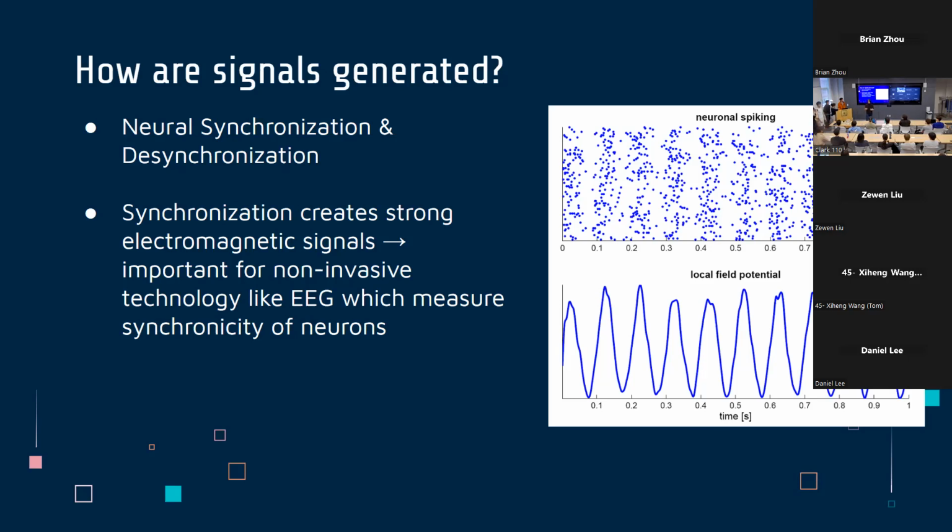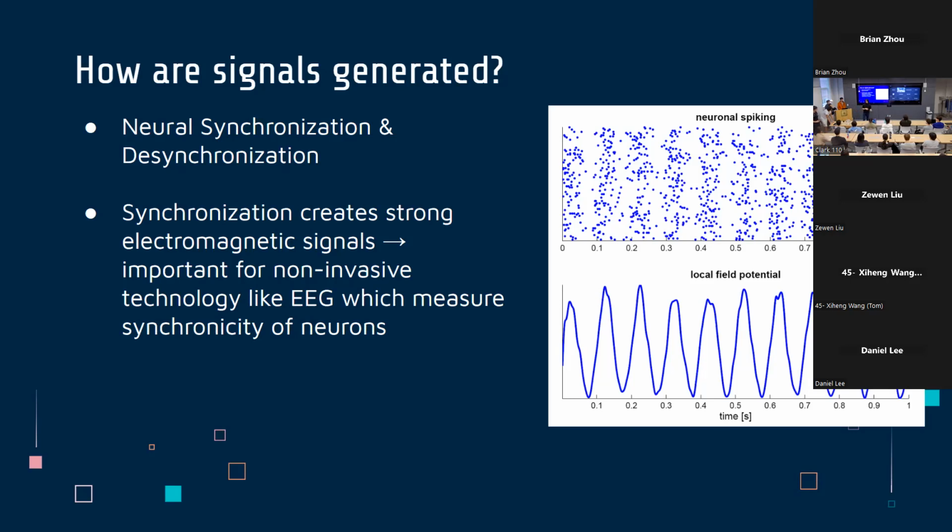When the neurons are synchronized, with a couple of them all causing that same local field potential change, then in that region they're going to have a more pronounced change in the electrical potential. So those signals can be more pronounced and easier to be picked up by, say, the EEG headset, for example. So those are the signals that are typically being sought, at least with the current understanding of technology.